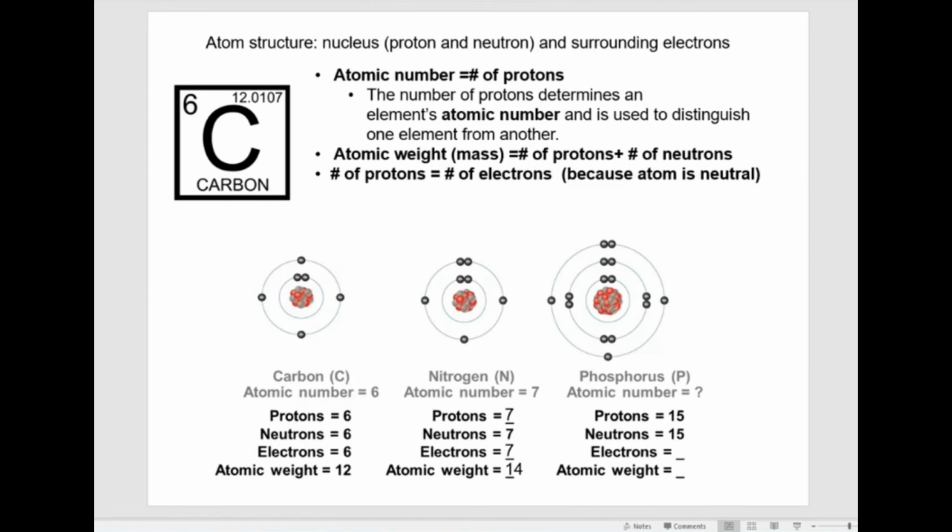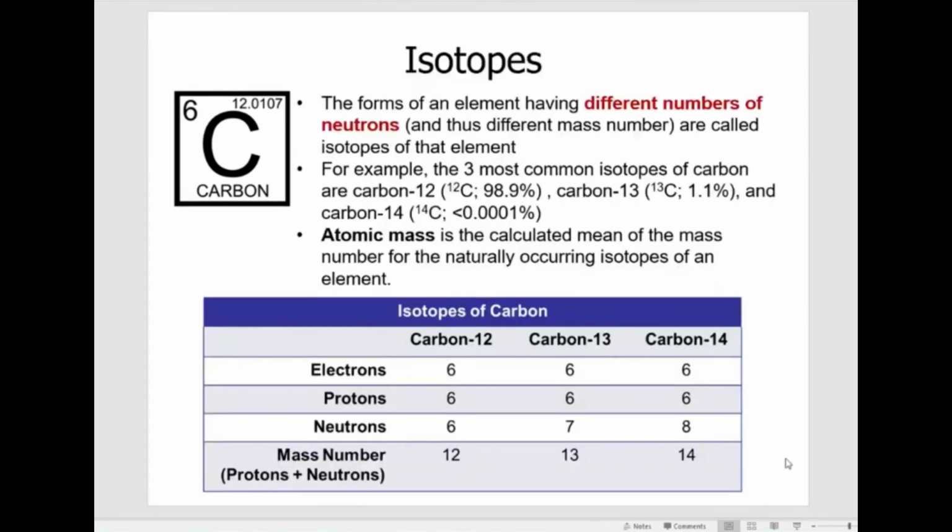Alright, so here's the isotope. For each element, a lot of times you will see different forms of the same element. So when I say different forms, I mean more like different atoms. So all these different atoms will have 6 protons, so that means they are carbon element, but they have a different number of neutrons.